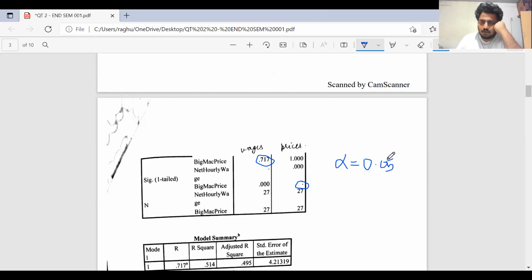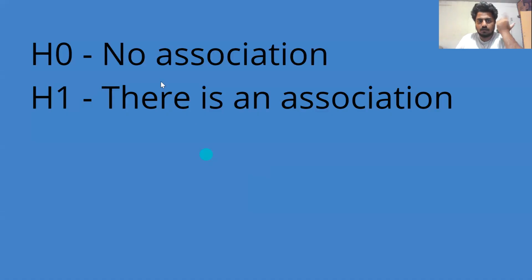Now we get that the test probability is lesser than the alpha value, right? So when the test probability is lesser than the alpha value, we reject the null hypothesis. The null hypothesis here is there is no association. We reject the null hypothesis, which means there is an association.